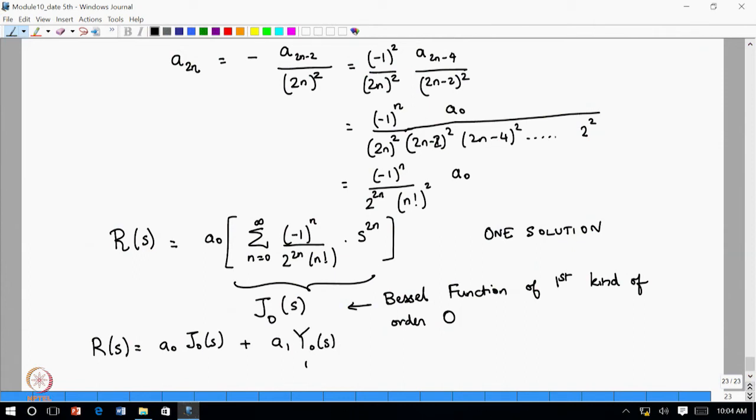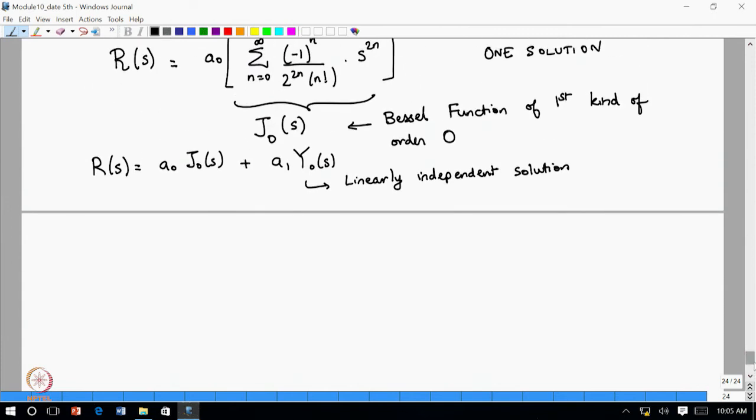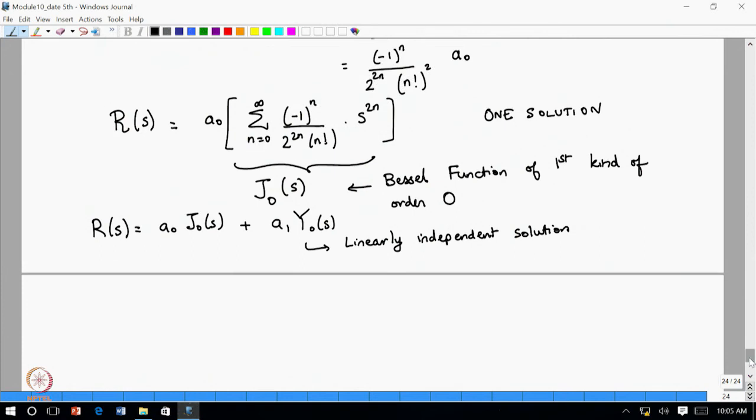This is the linearly independent solution. Now we notice that as s tends to 0, J 0 of s tends to 1. This is well behaved.